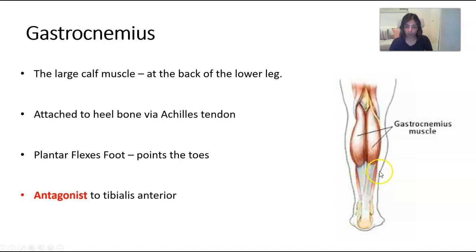This is a really important muscle group and tendons, and it allows for antagonistic movement to the tibialis anterior. So this allows for plantar flexion. So it allows you to point your toes. So imagine when these calf muscles contract, it pulls that tendon and allows you to point your toes upwards, or downwards, I should say.